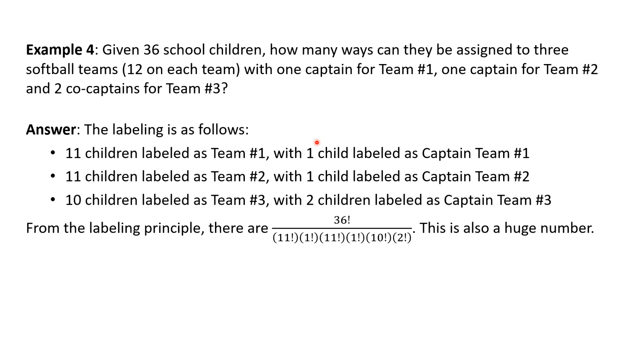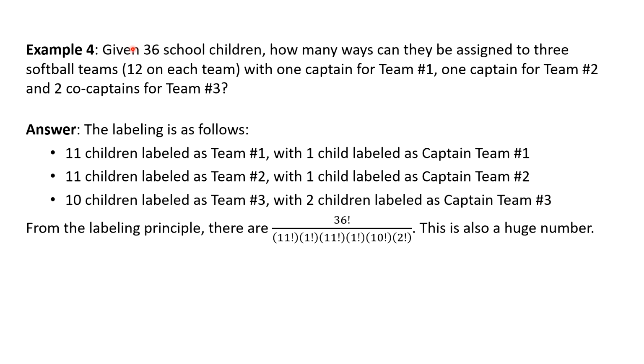So again, this is a labeling problem, or at least it can be solved using the labeling principle. So 11 children labeled as team 1, and 1 child labeled as team captain, so that makes 12. And then we label 11 children as team 2, with 1 child labeled as the team captain number 2. And then for the third team, we have 10 children labeled as team 3, with 2 children labeled as captain for team number 3.